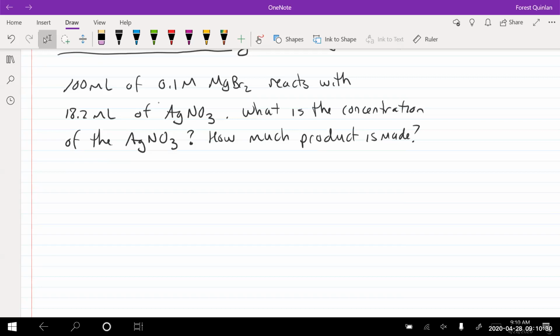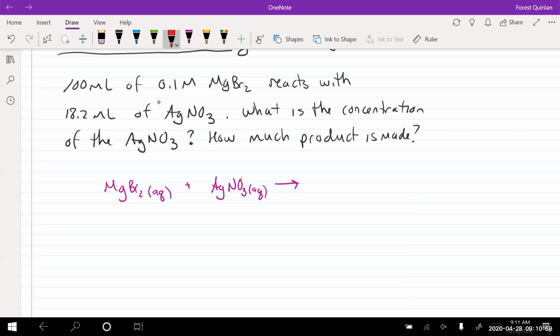Well, in order to do this, we're going to have to start digging through all of our toolboxes. So we're going to dig way deep and say, well, I need to know what's going on in the first place. So I need to know the magnesium bromide, which is aqueous because of the bromide, is going to react with silver nitrate, which we know is aqueous because all nitrates are soluble.